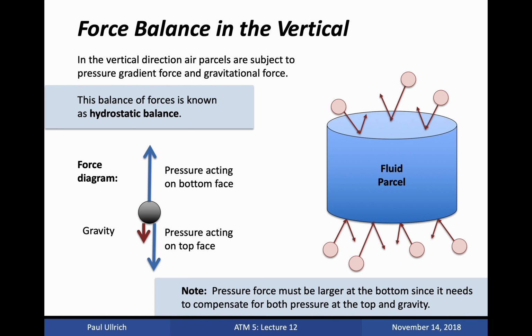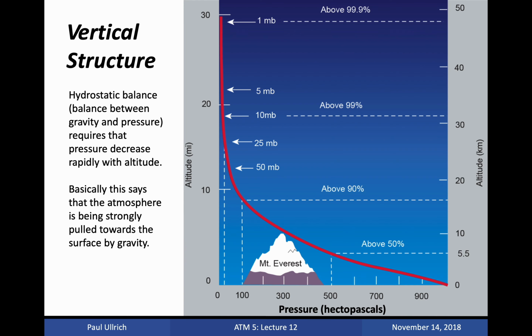Consequently, we have the highest fluid pressures near the Earth's surface, which kind of makes sense if you consider the air is being pulled down towards the Earth's surface, with air pressure decreasing as you go to higher and higher altitudes.